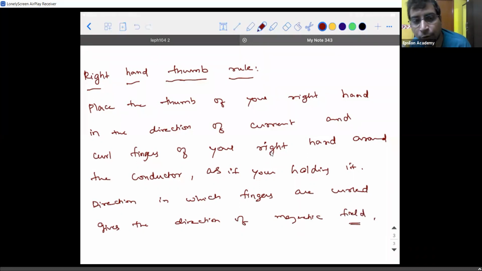So place the thumb of your right hand in the direction of current and curl the fingers of your right hand around the conductor as if you are holding it. The direction in which the fingers are curled gives the direction of magnetic field at that point. So this is a simpler rule. This is called the right hand thumb rule.